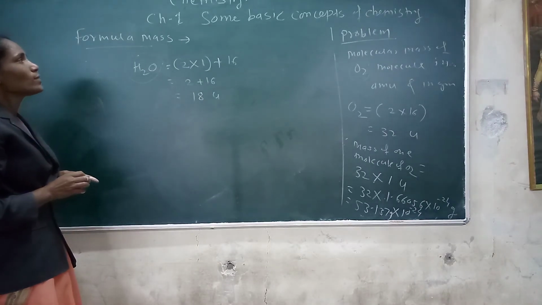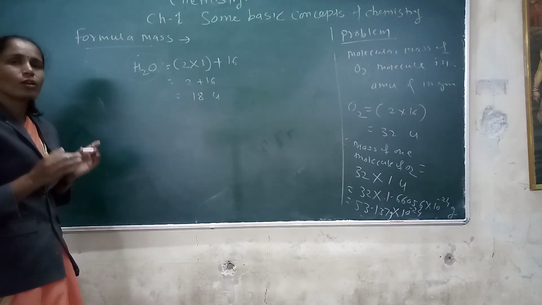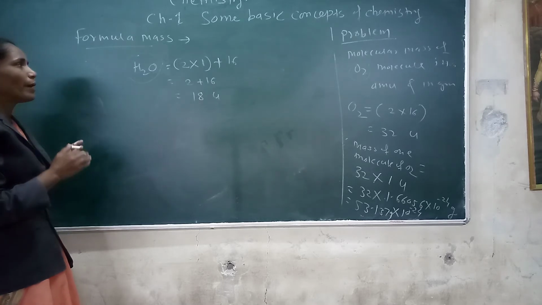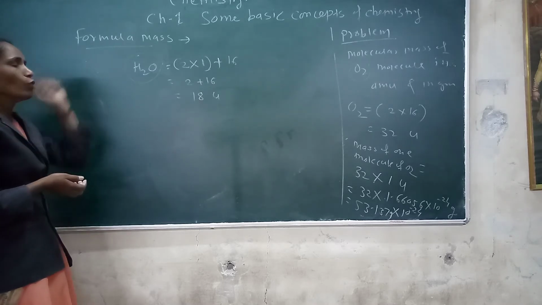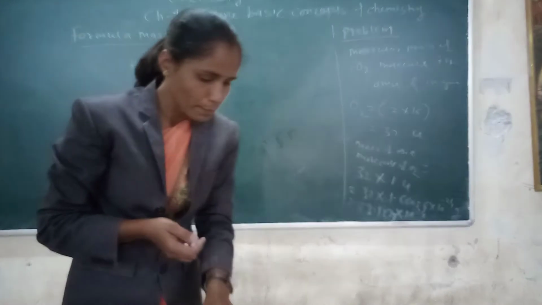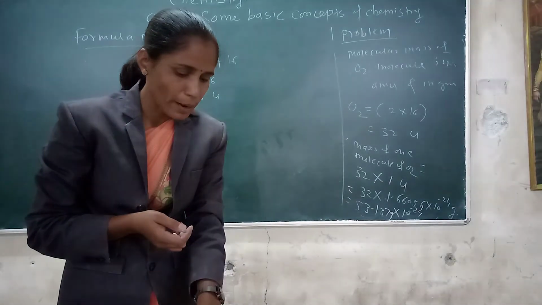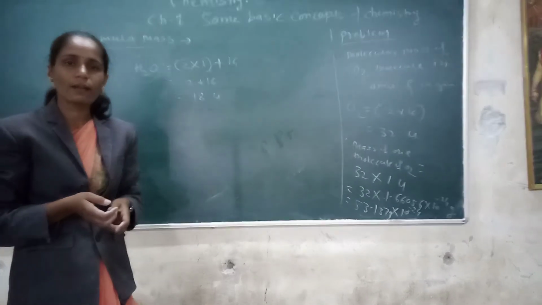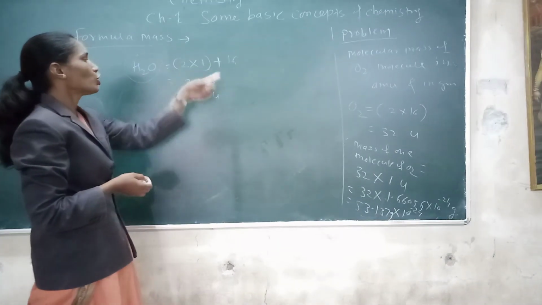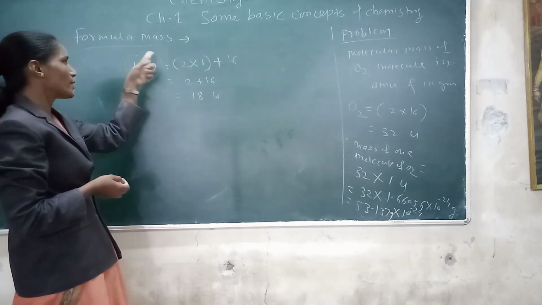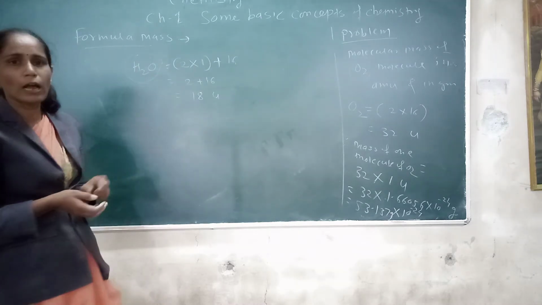Formula mass means summation of atomic masses of the respective elements from the formula. The formula mass of a substance is the sum of atomic masses of atoms present in the formula.